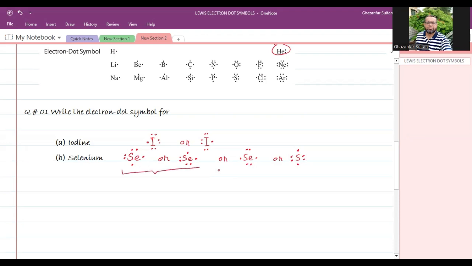These two are very accurate, and these are also correct and accepted. We will see in detail when we draw the Lewis structures for certain compounds.